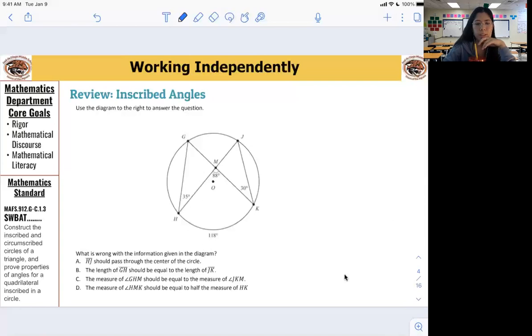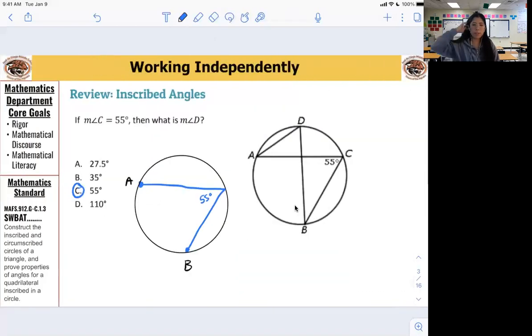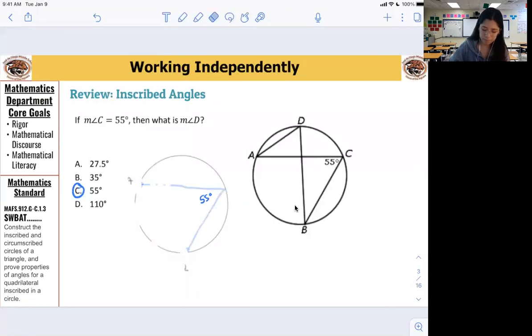All right. I'm not going to share the results because y'all will be embarrassed. Just kidding, because I want to go over it. So, what did we just talk about? What did I literally just talk about over here? What is the same in this one? The inscribed angles.